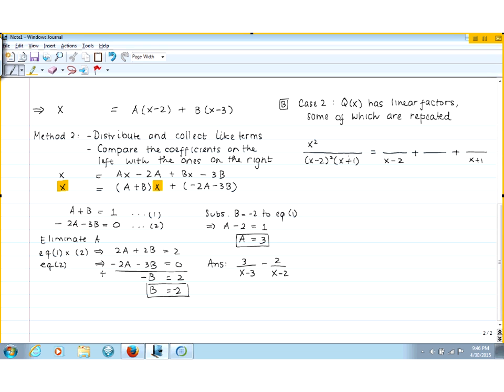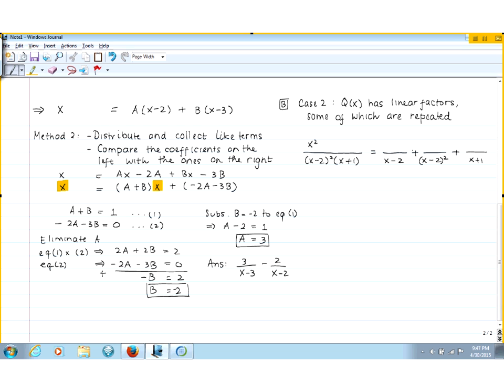Since they're all linear, on top I will put 1 degree less, so it's a constant. If we have terms that are repeated linear factors, I'm going to repeat them: the first one without the square, and the second one with the square.